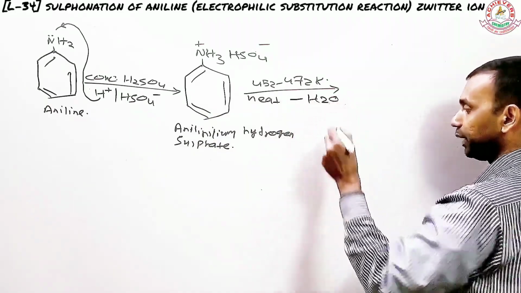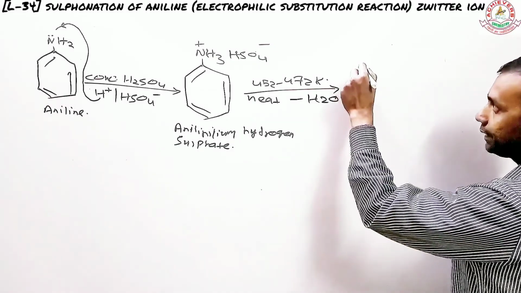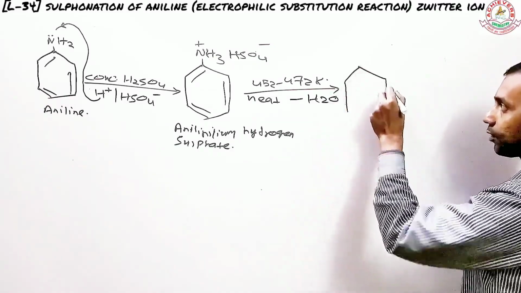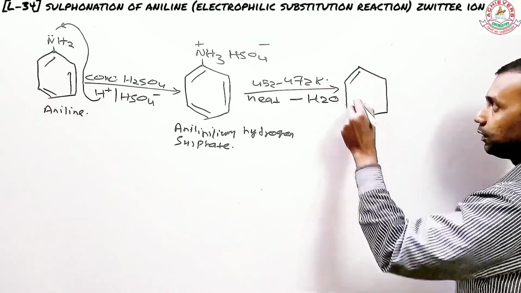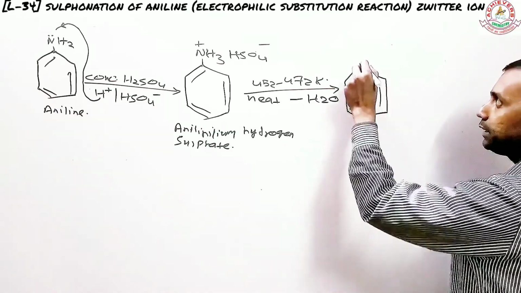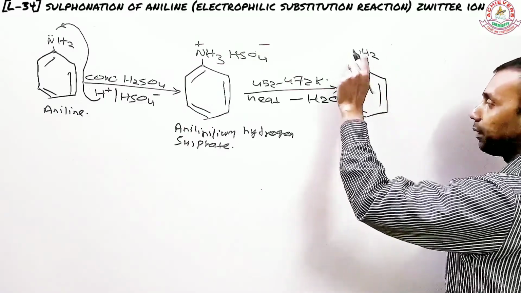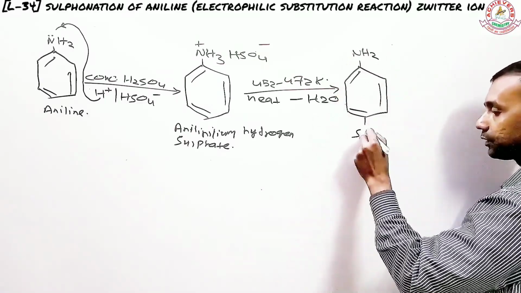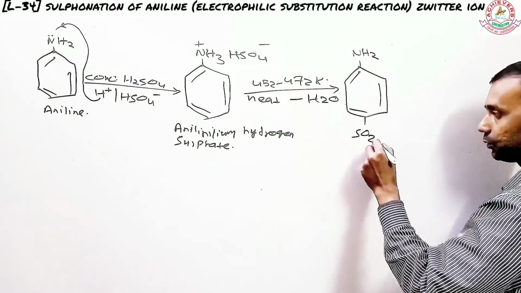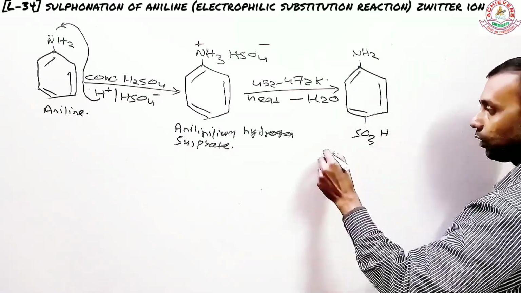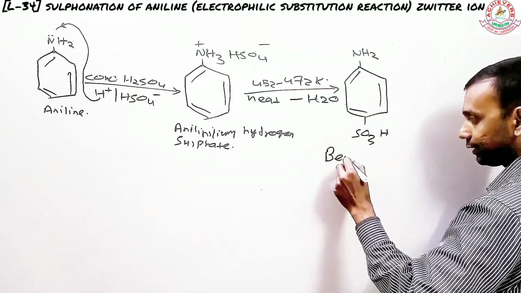So water is eliminated, and after water is eliminated, this converts into this. This is your benzene here. Now this is again NH2. This remains as the amine group. However, a sulfonic group is added here, SO3H. So this is called benzene sulfonic acid.